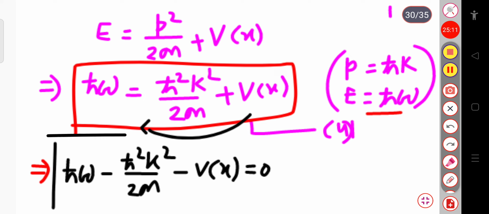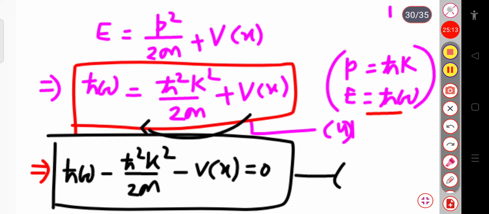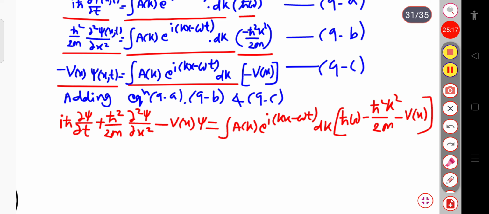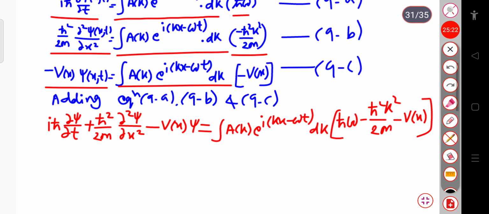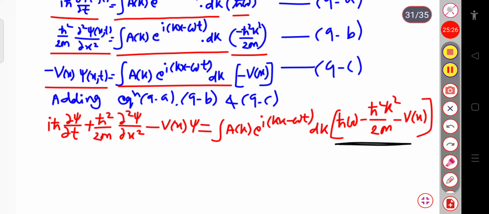Now if I put this equation in the expression that we have just calculated here, you can see this term: h cut omega minus h cut square k square by 2m minus V of x. So this term goes to 0, since this bracketed term goes to 0. Let me write clearly.